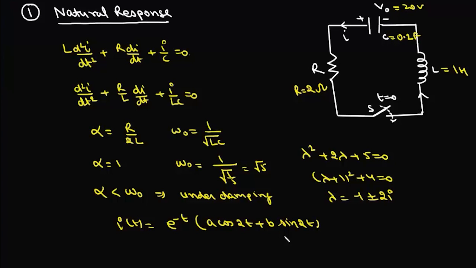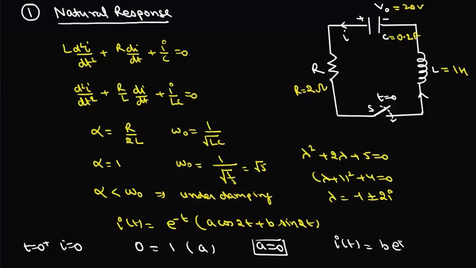Now we need to find the values of A and B. Now we know that when t is 0 positive, I is 0. So if we put I as 0, this is 1, this is A. So basically we'll have A equals 0. And if A equals 0, this I will be B e to the power minus t sin 2t.